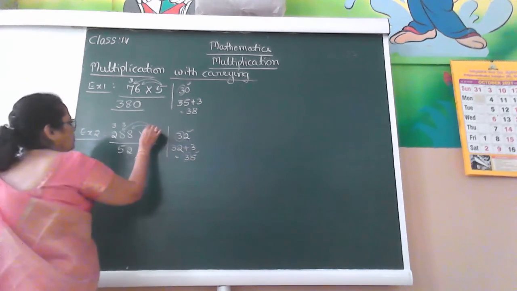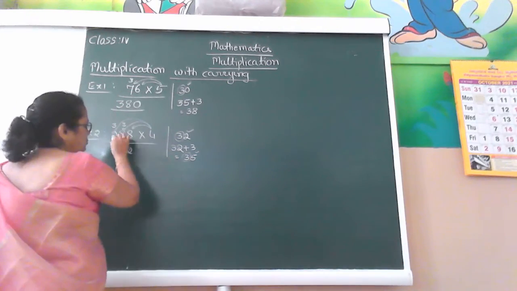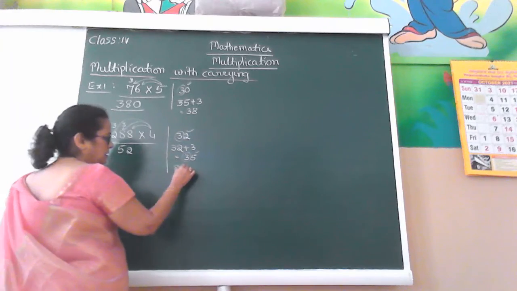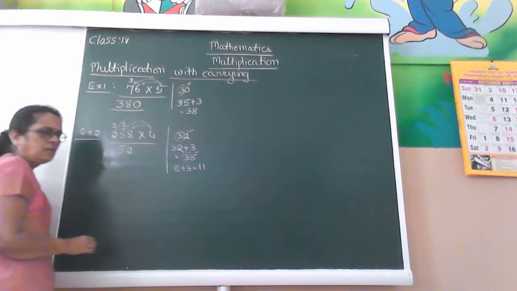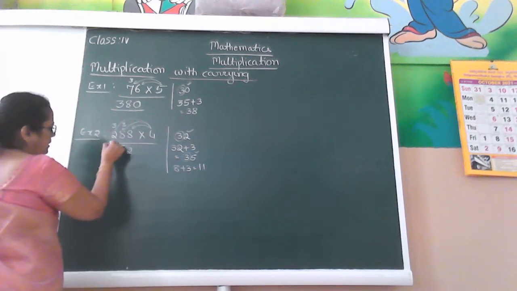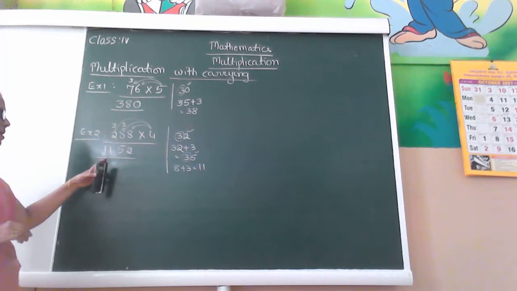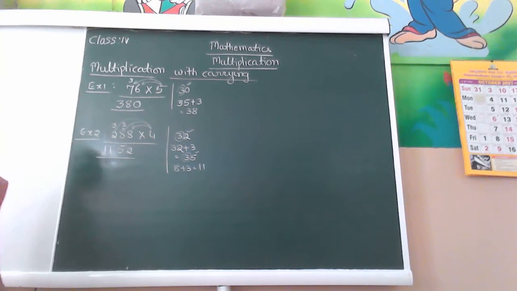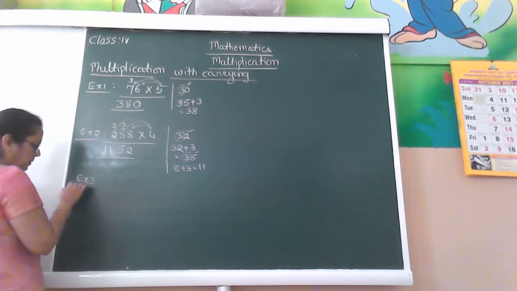Now 4 twos are how much? 4 twos are 8. Then what about carry here? It is 3. So 8 plus 3 is 11. So write 11 here. So what is the product? It is 1152. Okay, children.